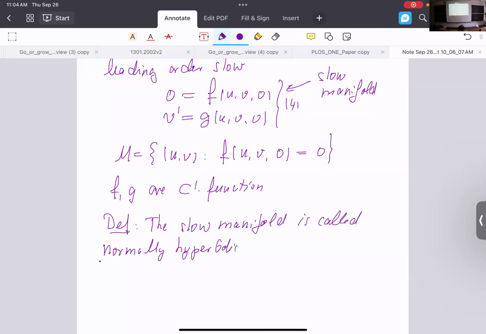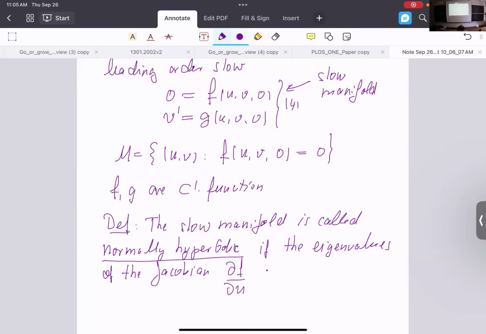And this is actually a very natural assumption, a definition. And I explain to you what it is. If the eigenvalues of the Jacobian of df by du on the manifold, so at u, v, 0 on M, are uniformly hyperbolic.